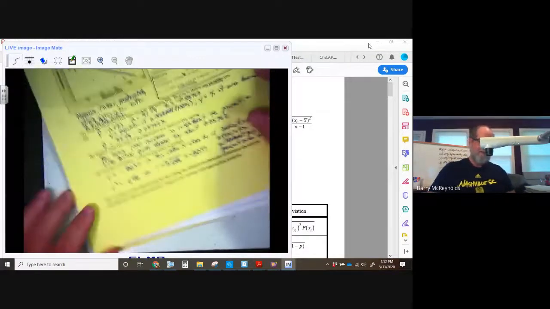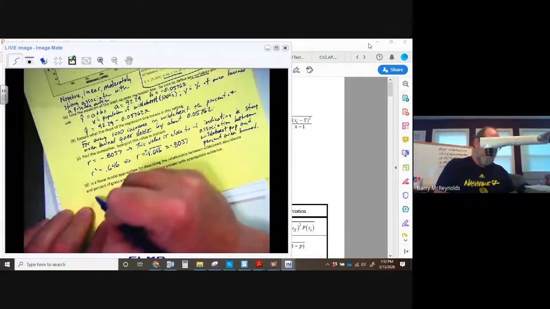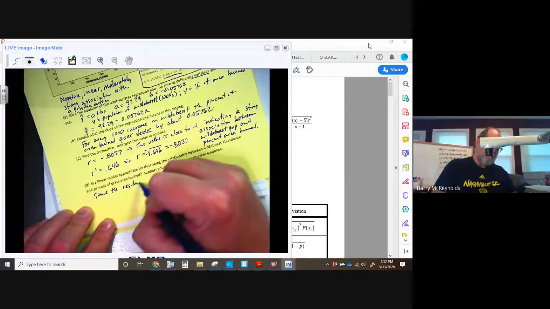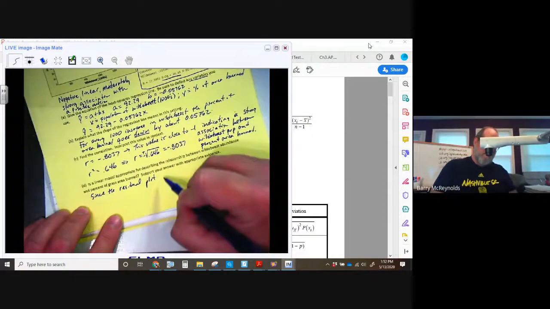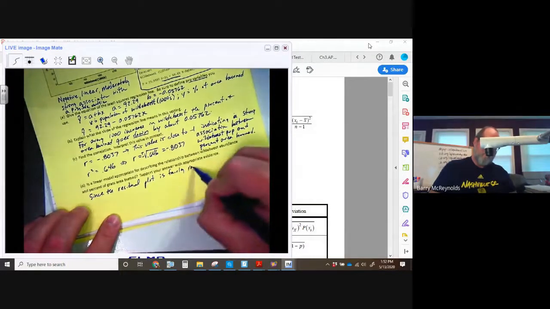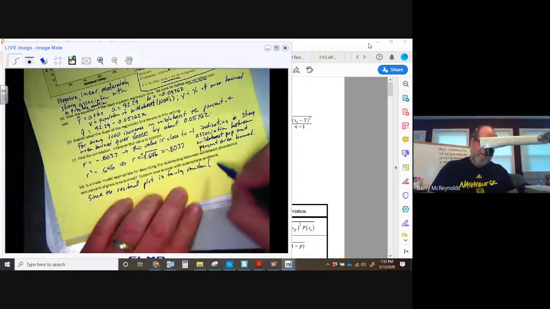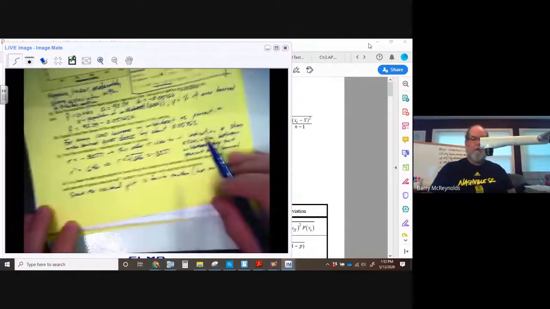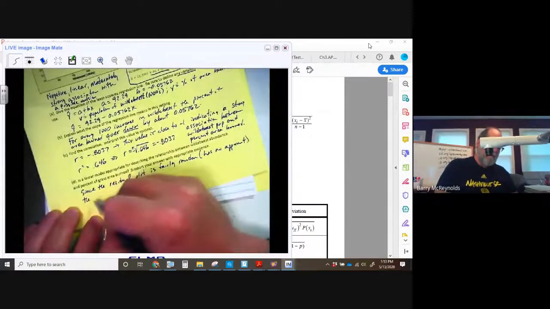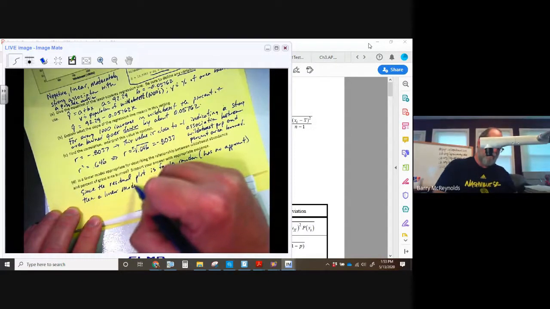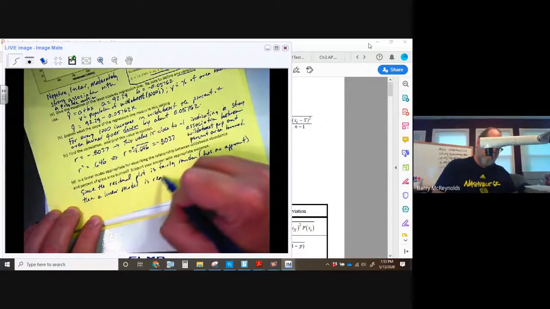Okay, so one of the things we might say here is, since the residual plot is fairly random, or we might say has no apparent pattern, then a linear model is reasonable.